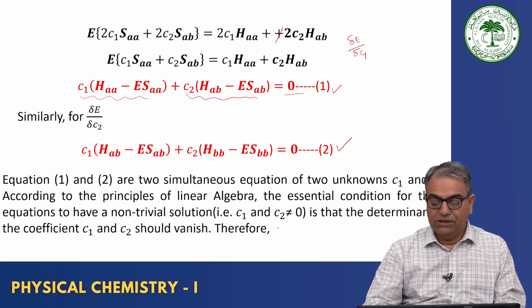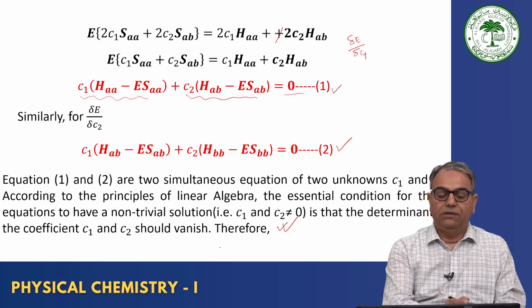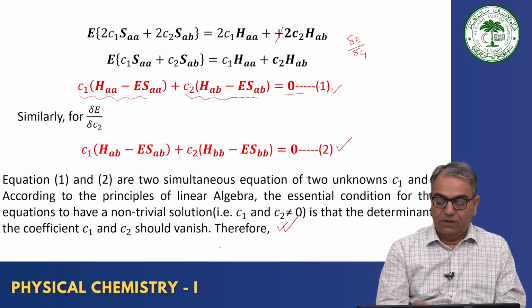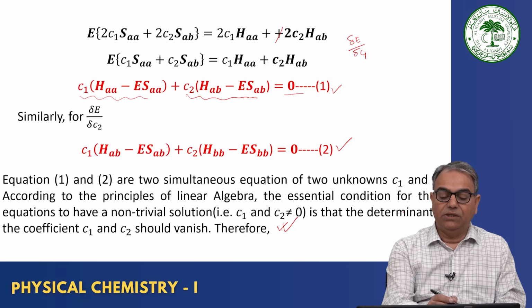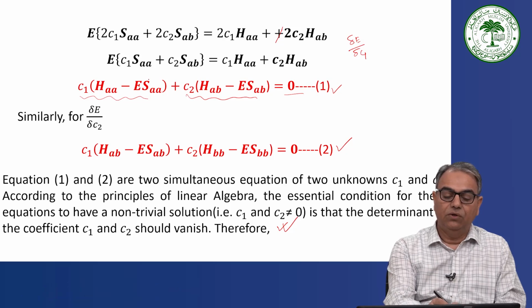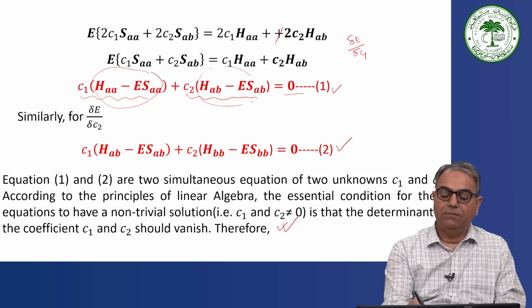So this principle we use, and we can write a determinant which will be equal to 0. The determinant of the coefficients of C1 and C2. And what are the coefficients? The first coefficient is HAA minus ESAA. Then the second coefficient is HAB minus ESAB. Then the third coefficient is HAB minus ESAB.